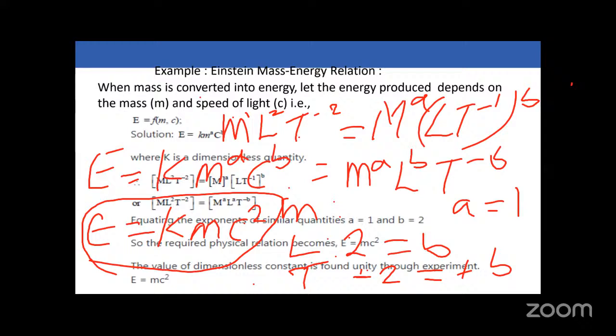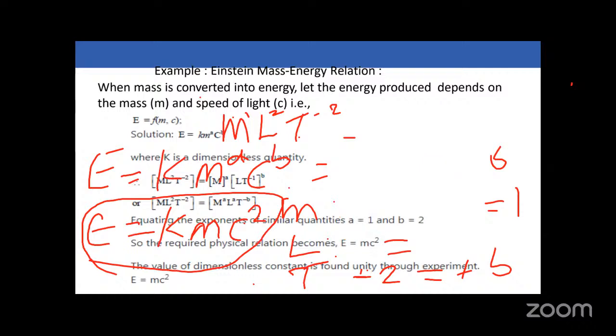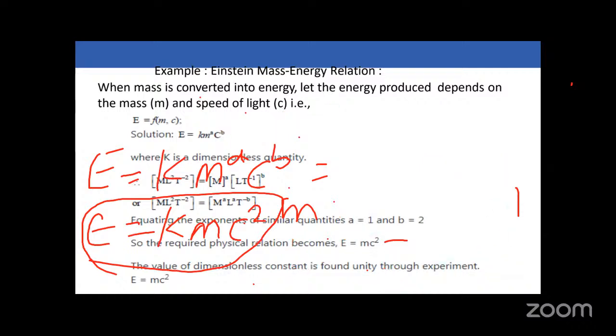If we say that K is a dimensionless constant equal to 1, then we can rewrite our expression as E is equal to mc squared.